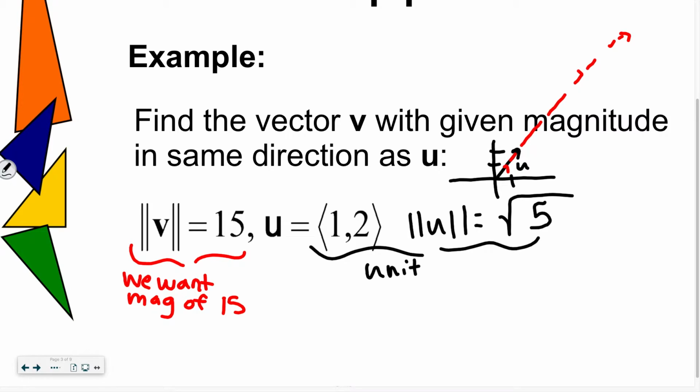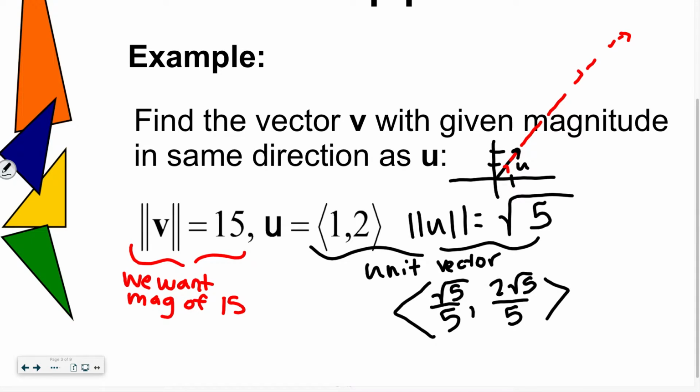So this is Nate's question from the homework. That will be what? 1 divided by square root 5, so square root 5 over 5. 2 divided by square root 5 is 2 square root 5 over 5. And what's special about this vector?